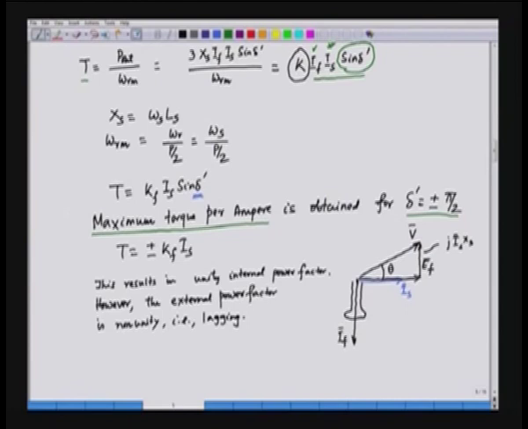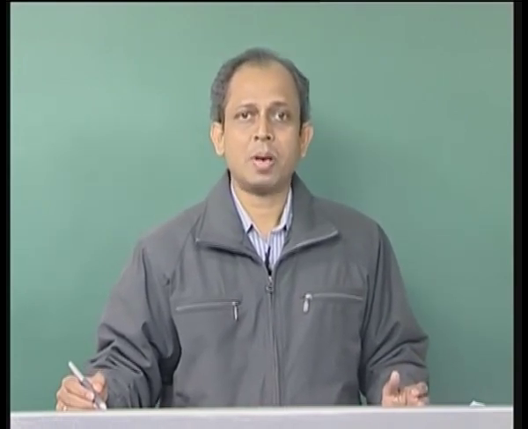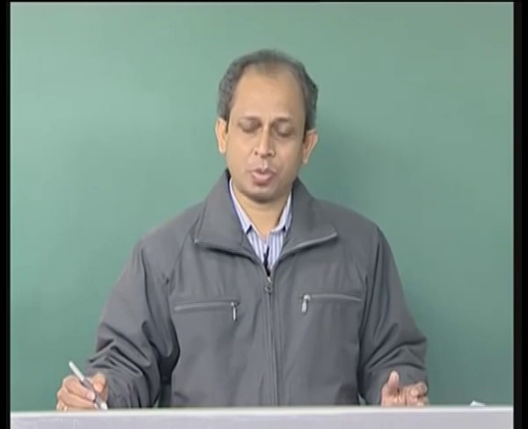So, we can make this delta prime, which is something like a torque angle, plus pi by 2 for motoring, in which case sine delta prime will be 1, and minus pi by 2 for braking, in which case sine of delta prime will be minus 1.